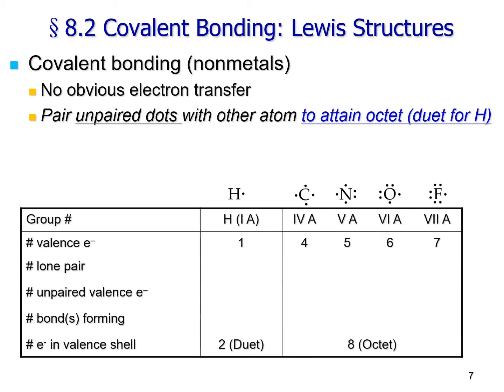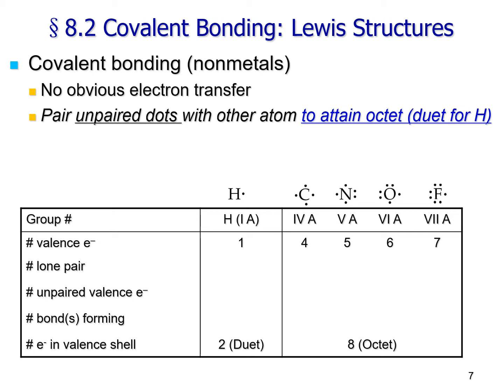In this way, we can look at just the situation of each element in this particular group as a representative, because the rest of the non-metal elements will behave pretty much the same. By checking out the valence electrons, whether they have lone pairs, and how many unpaired valence electrons there are, we should be able to predict just how many bonds these elements will form.